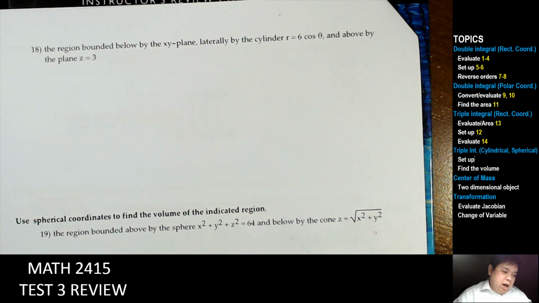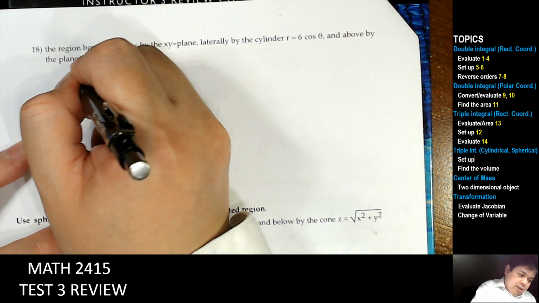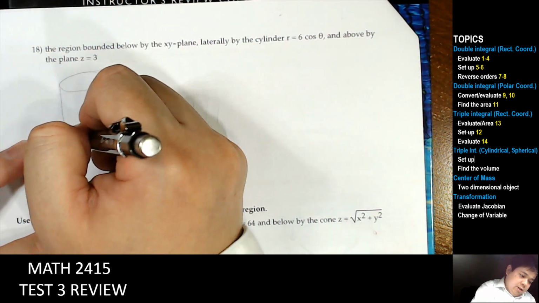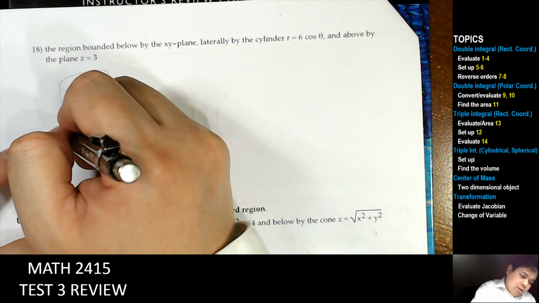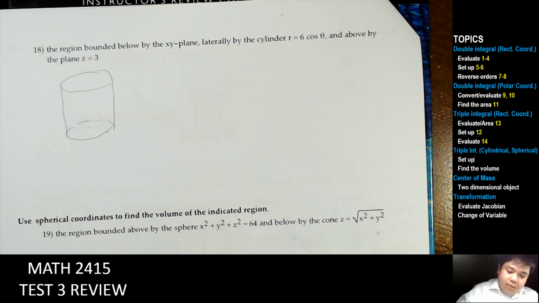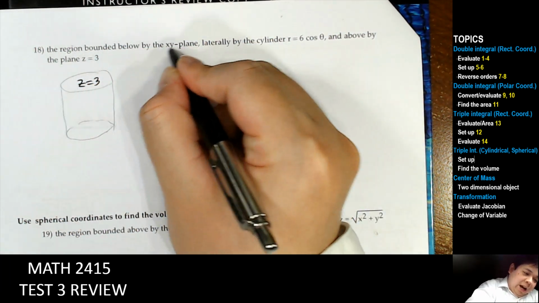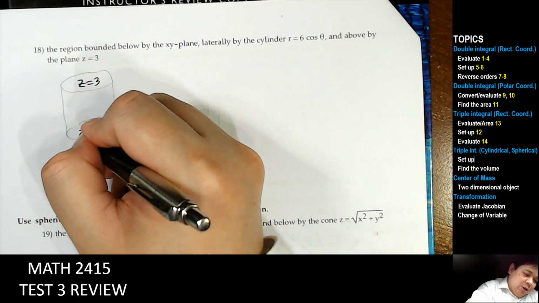Next, we have just the cylinder, bounded above by z equal to 3 and below by the xy plane, which is z equal to 0.